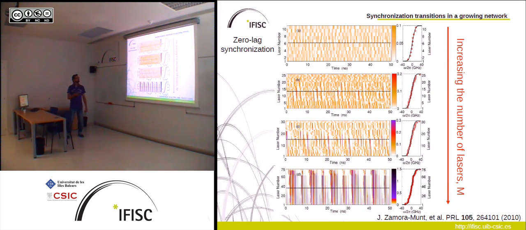When the star lasers are pumped above threshold, we can see something different depending on the number of lasers we are using, increasing the number of lasers. This figure shows the intensity of each laser. Here, 10 lasers, and the color code is the intensity of these lasers. As we can see, for a small number of lasers, each one evolves independently.